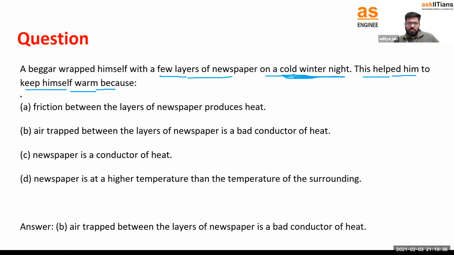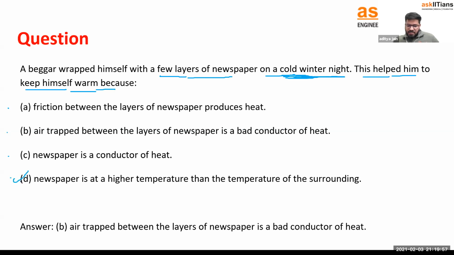So what was the reason for that? First, friction between the layers of newspaper produces heat. Second option, air trapped between the layers of newspaper is a bad conductor of heat. Third, newspaper is a conductor of heat. And fourth, newspaper is at a higher temperature than the temperature of the surrounding.